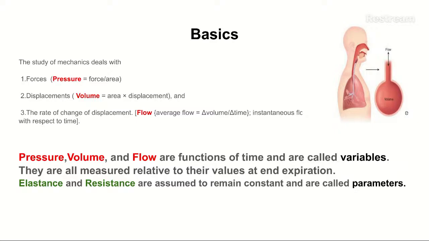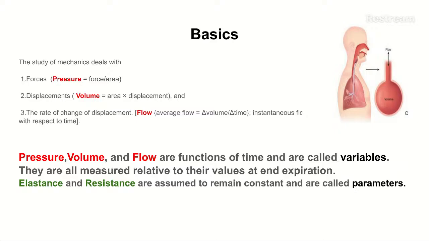One is volume, the other is pressure, right? Third would be flow, but flow in itself is a constituent of volume. So this knowledge will help you when we discuss modes of mechanical ventilator.